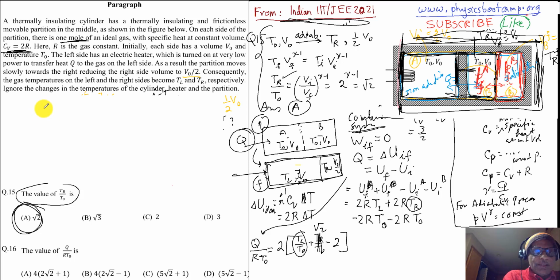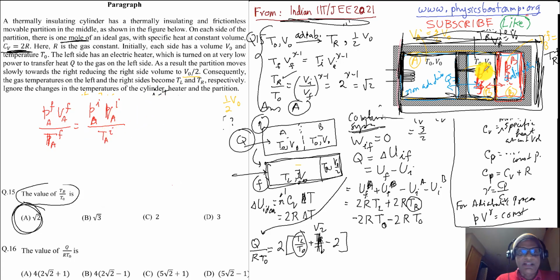So we have P A final, V A final over T A final equals P A initial, V A initial over T A initial. That's one equation from the left side.